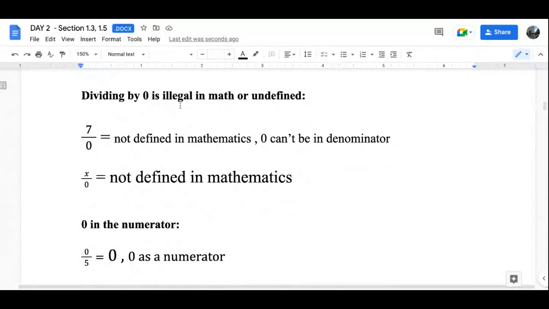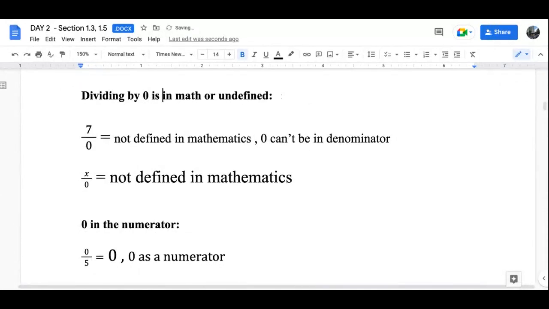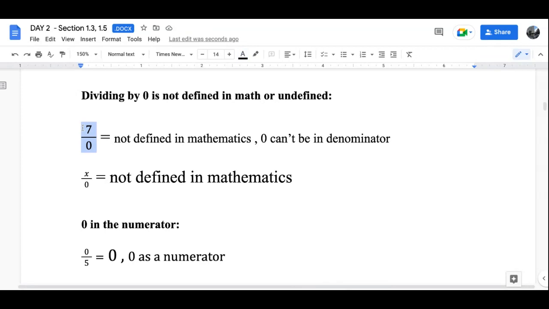Dividing by 0 is illegal, it's not defined, okay? It's not defined in mathematics, or undefined. So we just don't deal with this situation in mathematics. 7 apples shared by nobody, and we don't care. So this does not exist in mathematics.